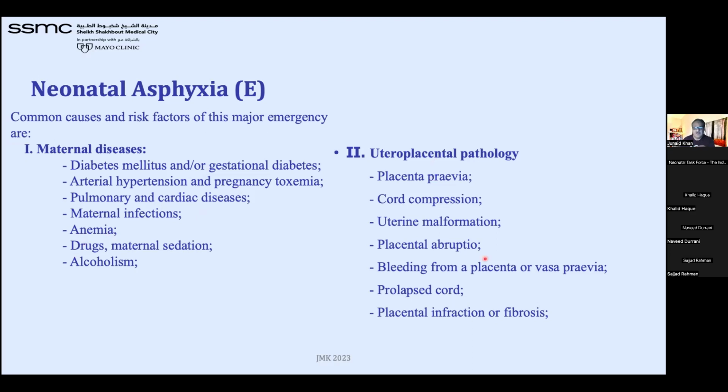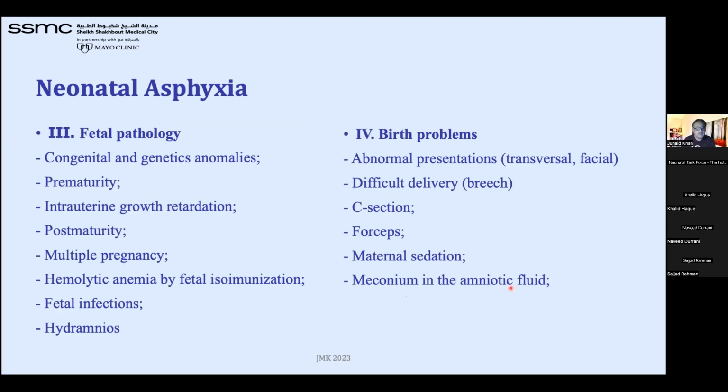Uteroplacental pathology, cord compression, uterine malformation, all those things we can try to prevent. Fetal pathology, some of them we can and some we cannot. But the birth problems, most of them we can control, okay? Difficult deliveries, C-sections, unnecessary forceps, all these things we can control very easily.